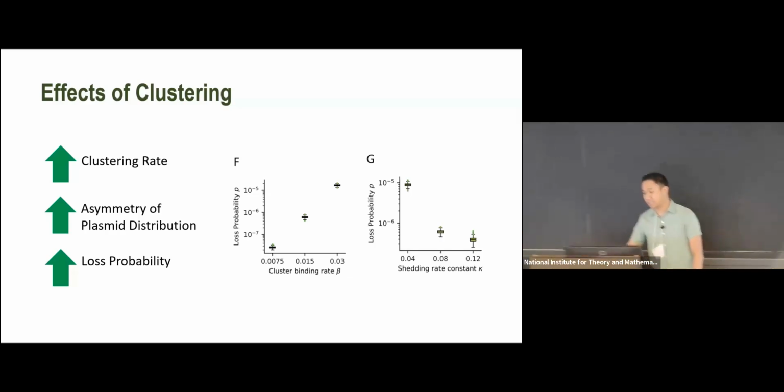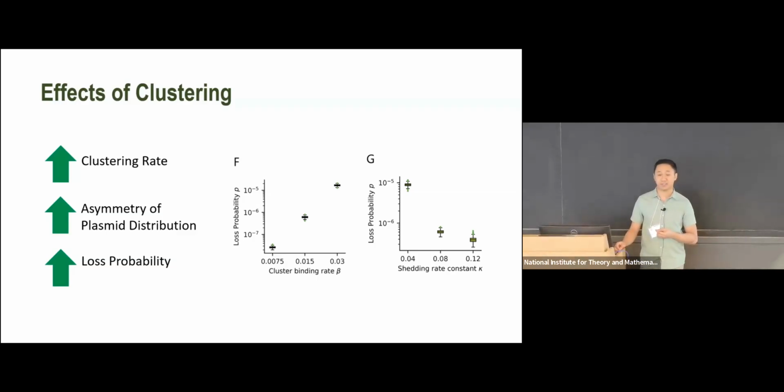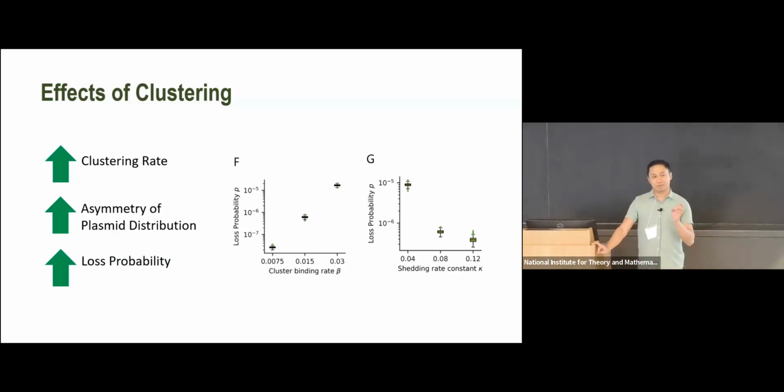And this effect is countered, as one would expect, if we increase the shedding rate, we would also see a decrease in the loss probability. Right. Now, we have seen earlier that the copy number depends on the division time.